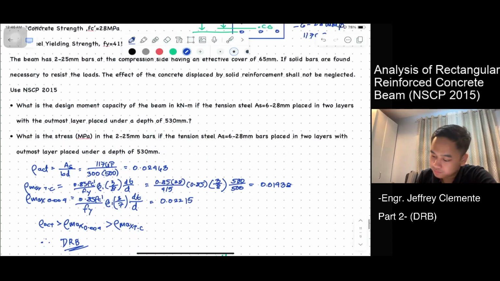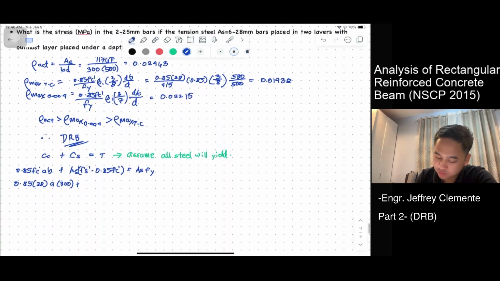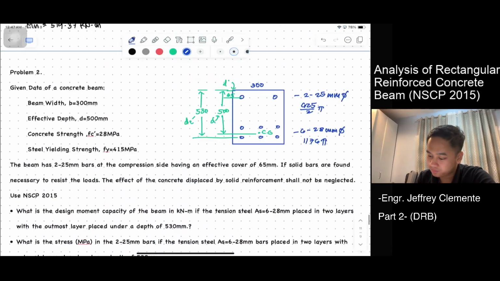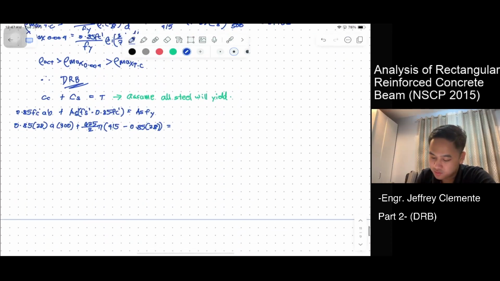Ang AS prime is 625 over 2 pi. Multiply by FS prime, inassume nga natin na mag-yield lahat. Therefore, ang FS prime natin is 415 muna. Minus 0.85 FC prime, which is 28, equals to AS, which is 1176 pi.